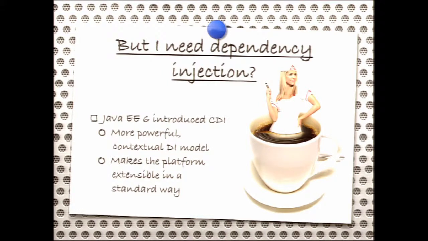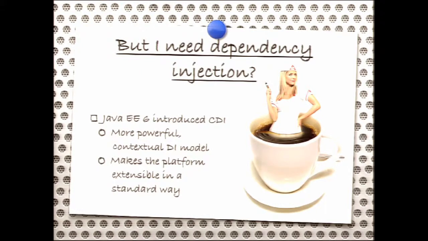So the Java EE expert groups sat together and looked at the number of dependency injection frameworks out there, and they decided to come up with a new dependency injection. They standardized a new dependency injection model, so they did not create their own, but they just really looked at the things that were working in the other implementations, and they came up with a very powerful new model, which is called CDI, which stands for Contextual Dependency Injection.